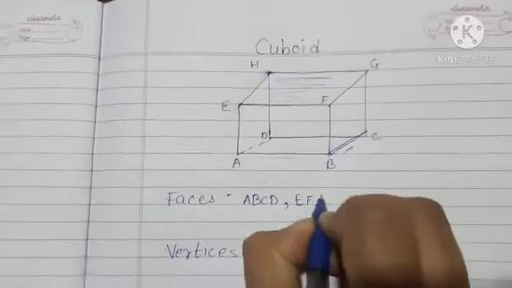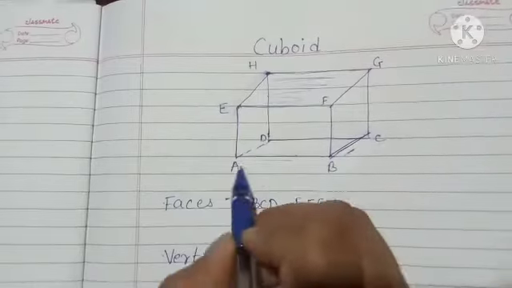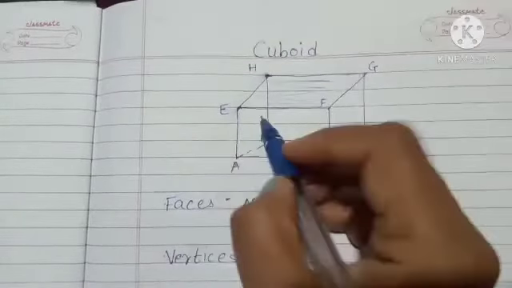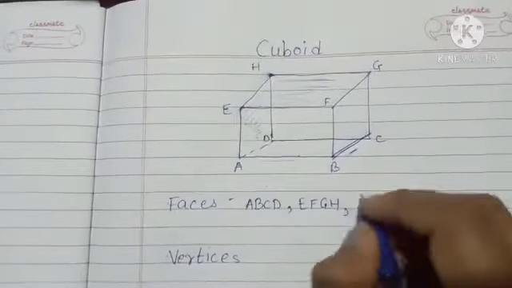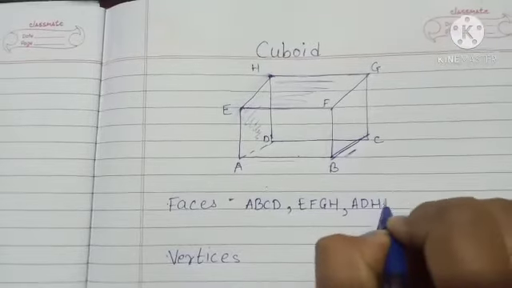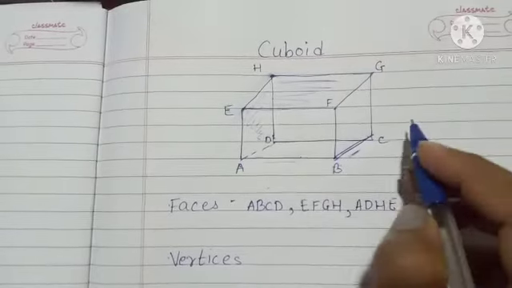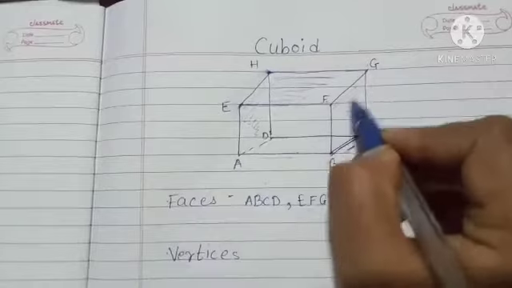E, F, G, H. The next is A, D, H, E. Means this side, this side. This is the third one. A, D, H, E. Okay. Next is B, C, G, F. That means this side.